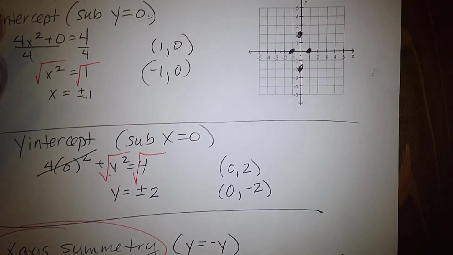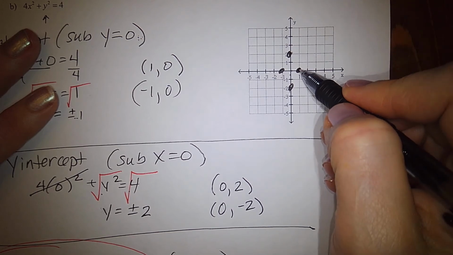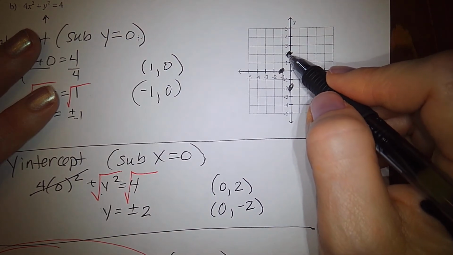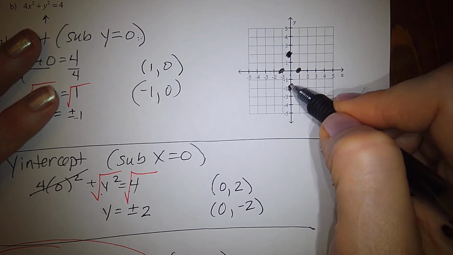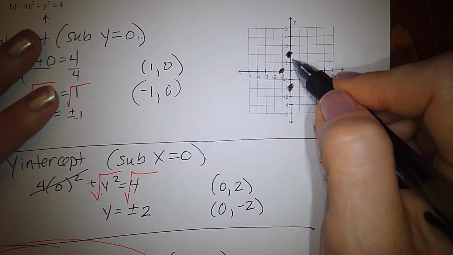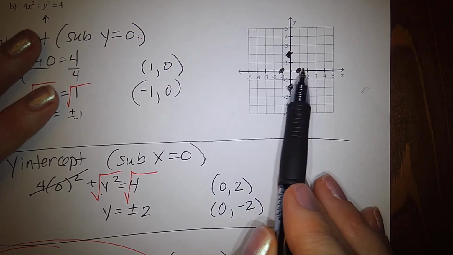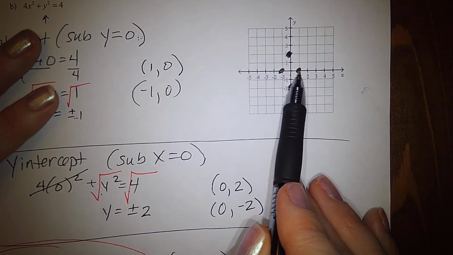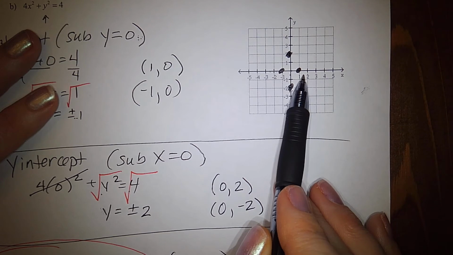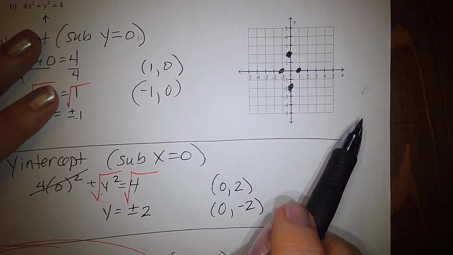We guessed at the beginning that it was going to have x-axis symmetry because you could see (0, 2) and (0, -2) are both symmetric over the x-axis. You also thought it probably had y-axis symmetry because (1, 0) and (-1, 0) are symmetric over the y-axis. But this indeed also has origin symmetry.